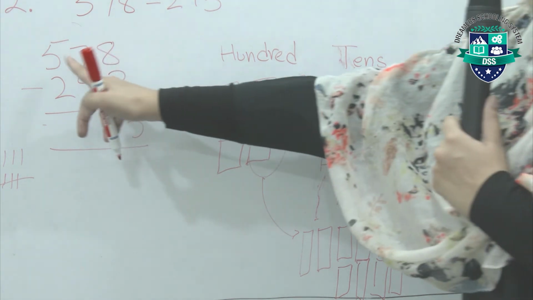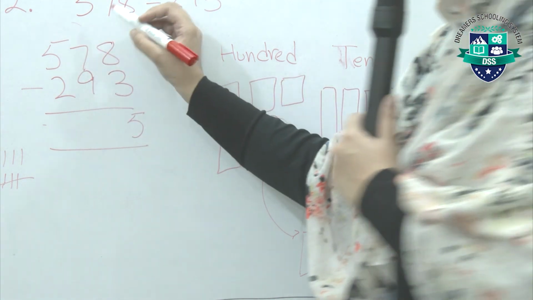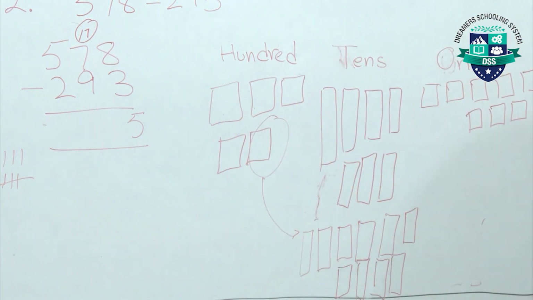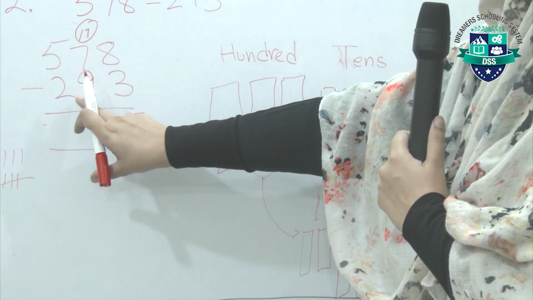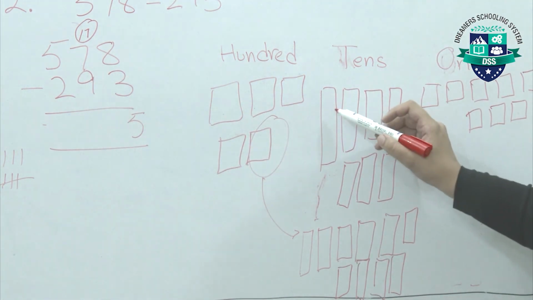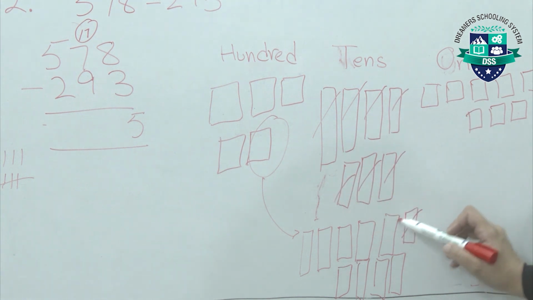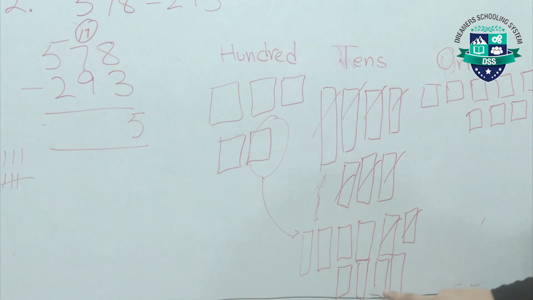Now, we have borrowed 1 from here. Now this is 17. Okay? We have 17 tens over here. How many tens do we have to subtract? 9 tens. So I will take out 9, 1, 2, 3, 4, 5, 6, 7, 8, and 9. How many do we get? 1, 2, 3, 4, 5, 6, 7, 8.